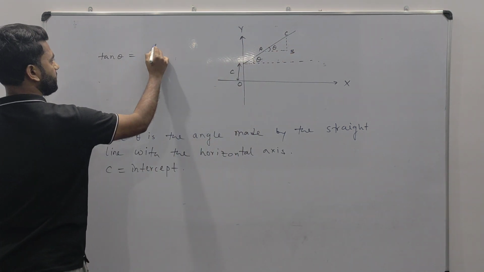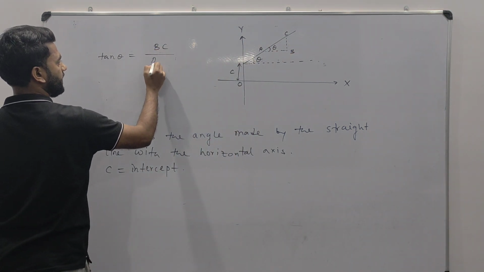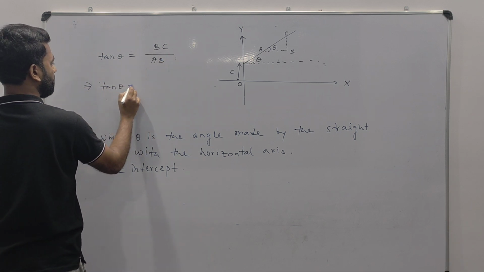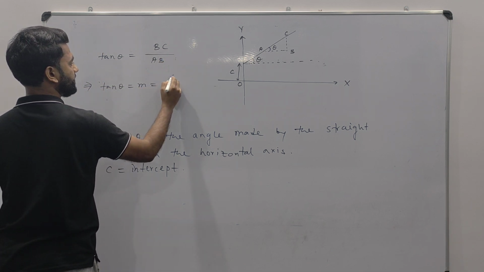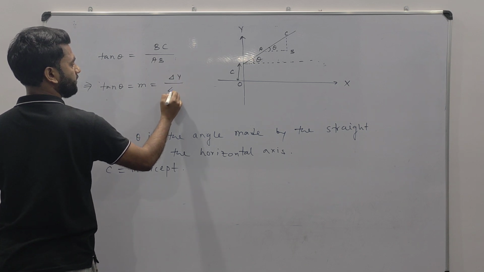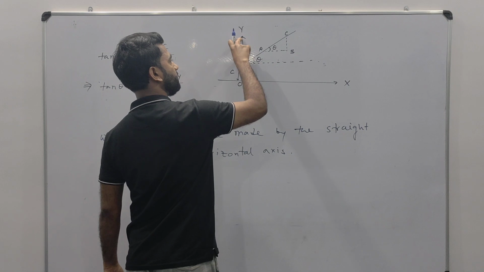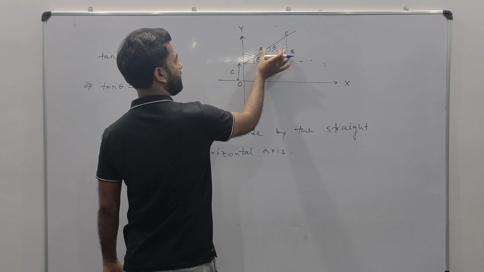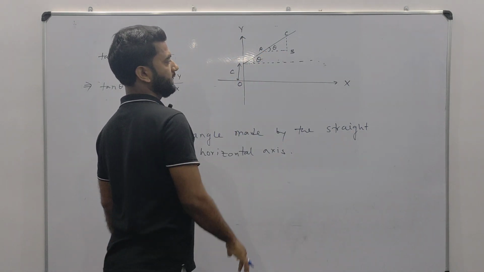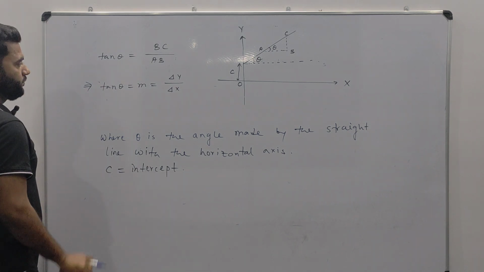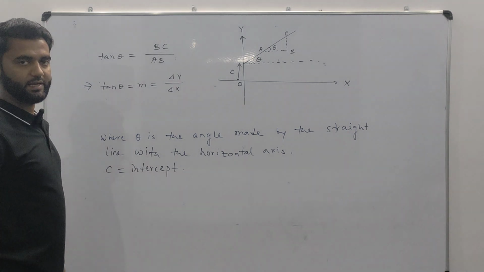So tan theta will be equal to BC by AB. That is, tan theta, which means slope, is equal to change along the y-axis by change along the x-axis, as BC represents the change of the y-axis and AB represents the change of the x-axis. So tan theta is equal to slope, that is delta y by delta x.